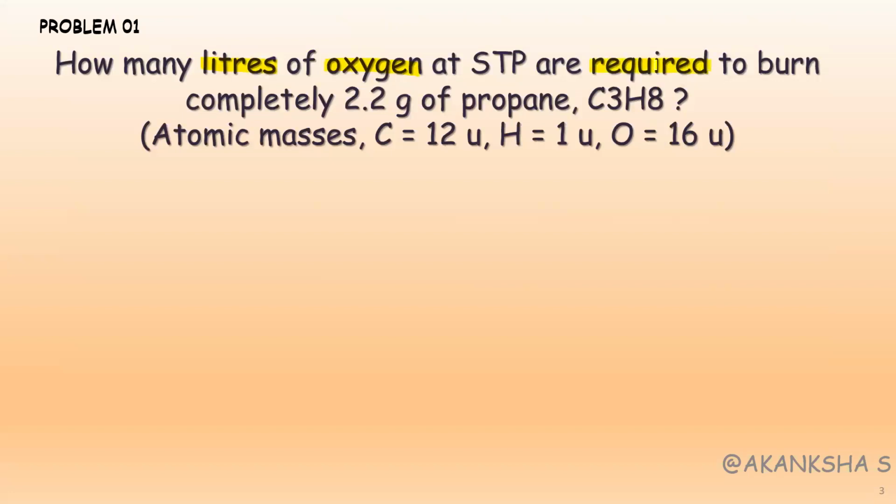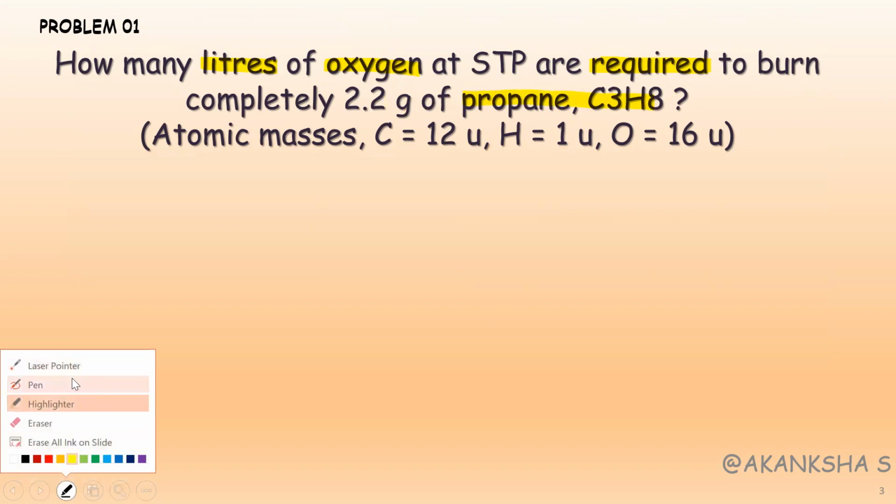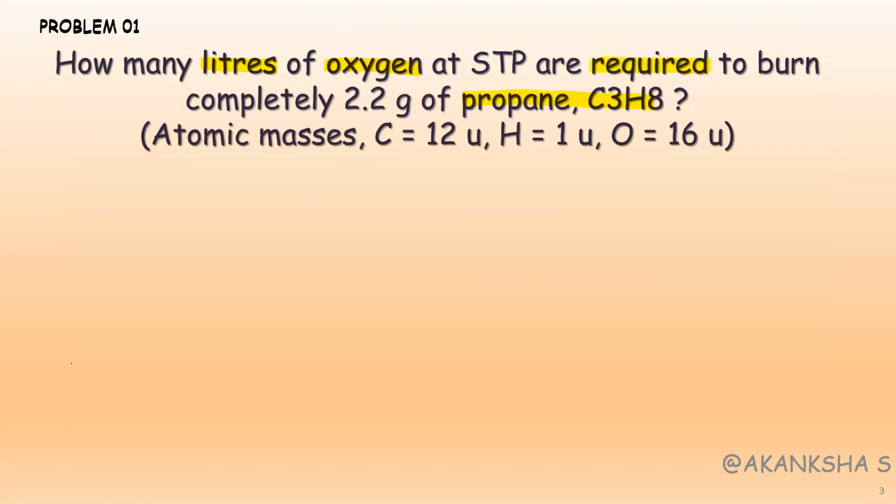Whenever you see the term required, needed, or utilized, the compound happens to be a reactant. To burn completely propane. That means in this reaction, they have given us only the reactants.